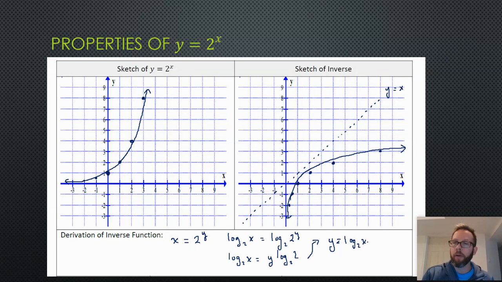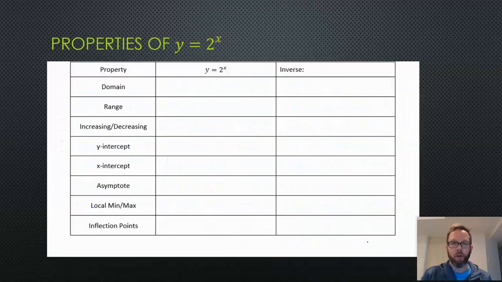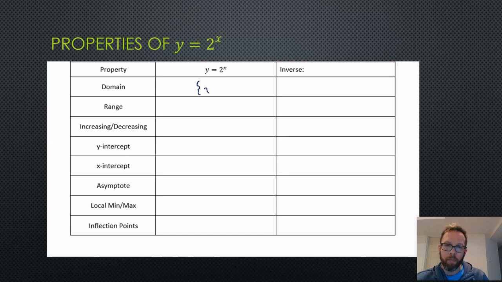Let's review some properties of these functions, and we'll see that a lot of these properties are reflections of each other, or have to do with the inverse. The domain of 2 to the power of x: you can plug in any value you want and you'll get a meaningful result. But for the range, you only get real numbers greater than 0.